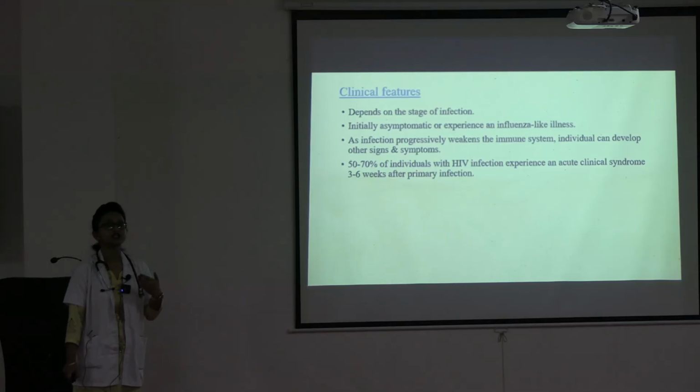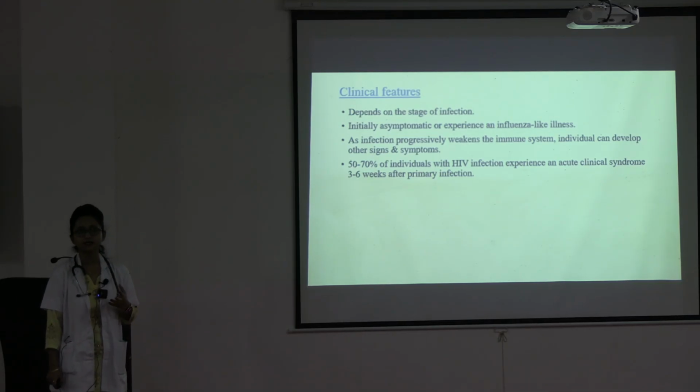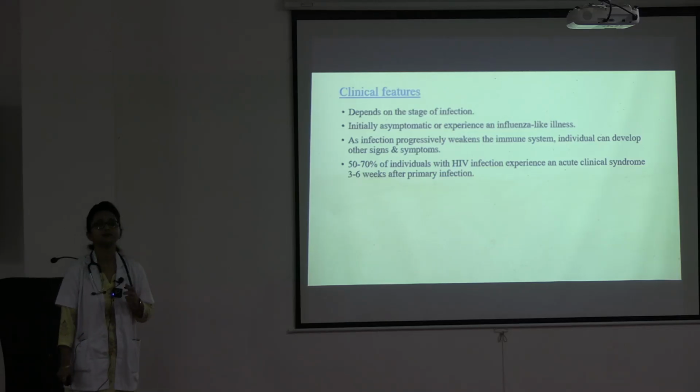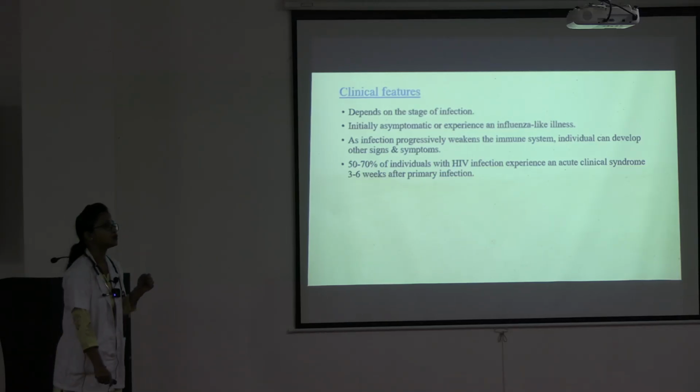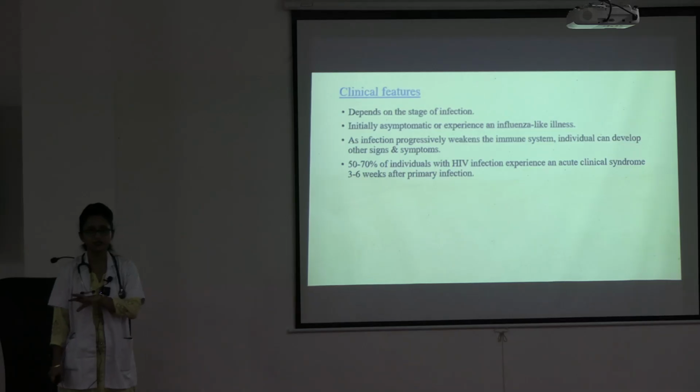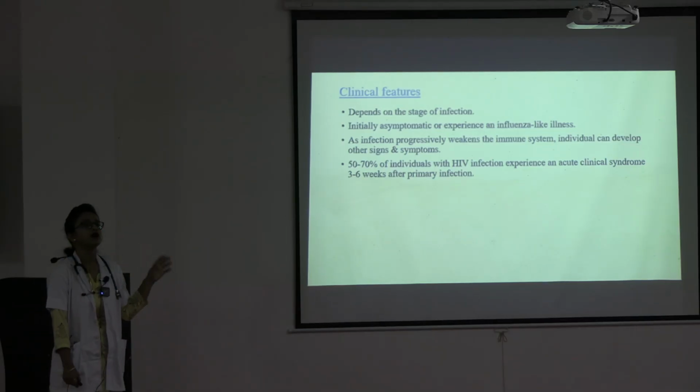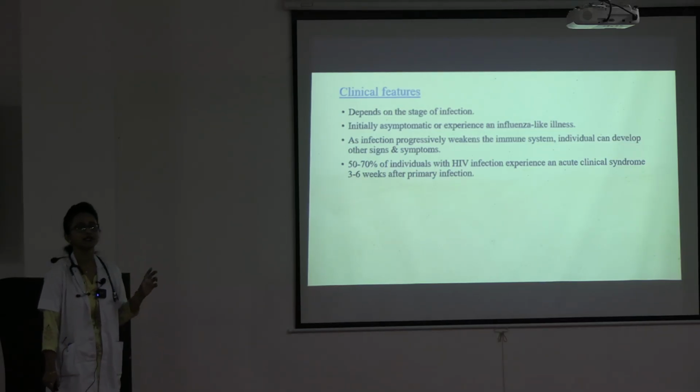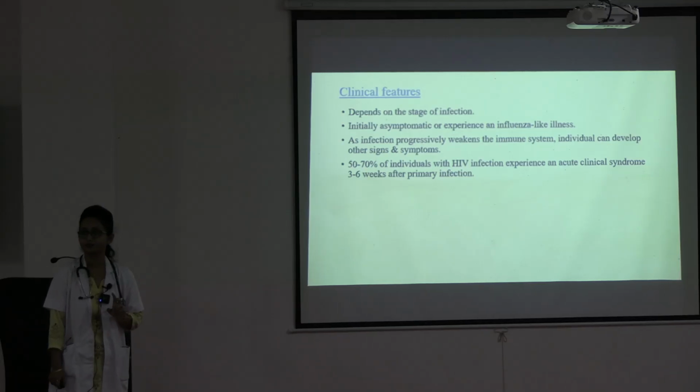But as the infection progressively weakens our immune system, then the actual signs and symptoms appear, okay? So based on the opportunistic infection that we will be learning later, the WHO has categorized it into 4 clinical stages, okay?